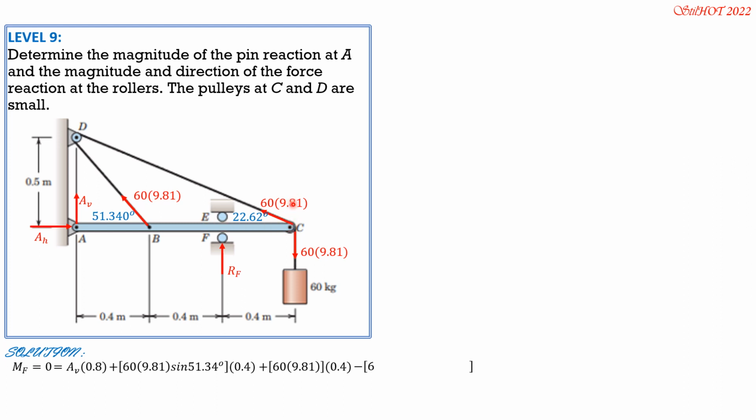So minus 60 times 9.81 sine of 22.62, moment arm is 0.4.